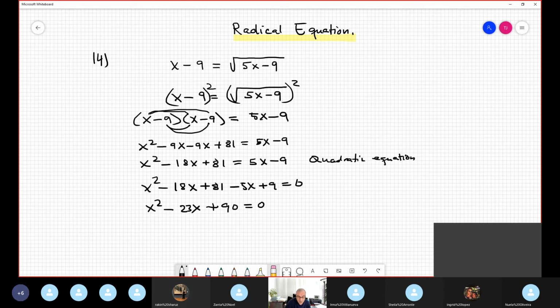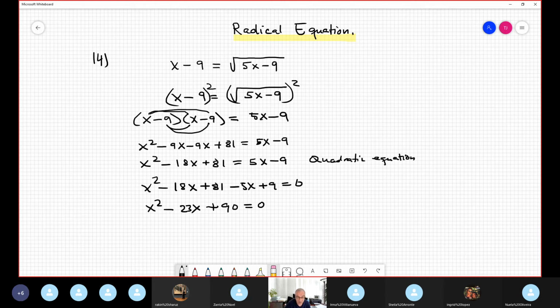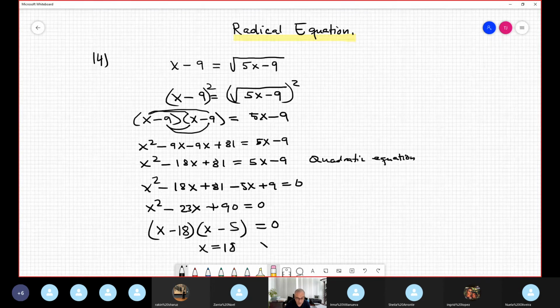However, let's do it in both ways, guys. Suppose I don't see the combination. No, I saw the combination, which is 18 and 5, because 18 plus 5 is 23, and 18 times 5 is 90. Okay, super, both negative. And the answer is 18 and 5.